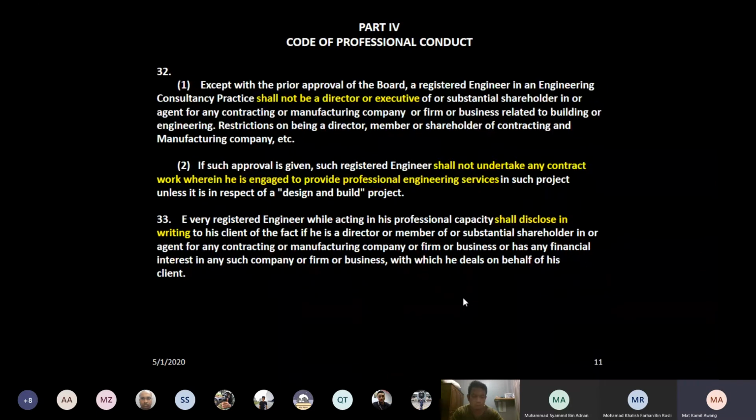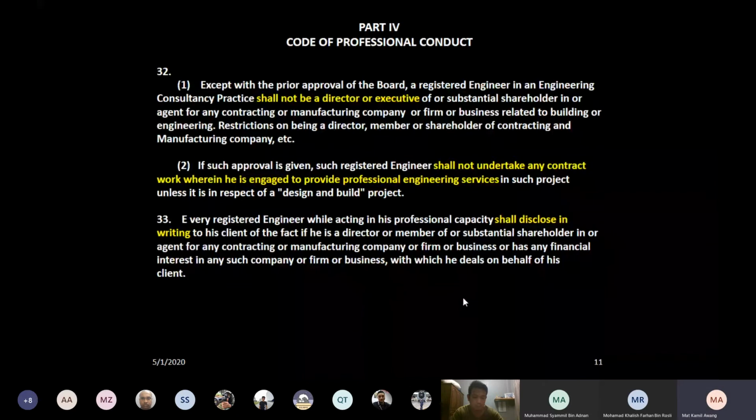Let's say maybe you are the only company that produces that particular part to be used in that project. Basically, no other company in the world produces that part. So therefore, definitely the board will give you approval, because without that part, that project will fail.